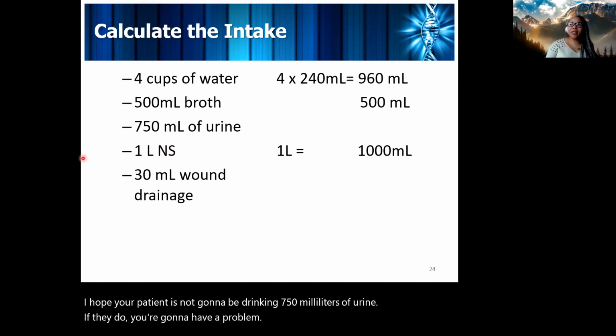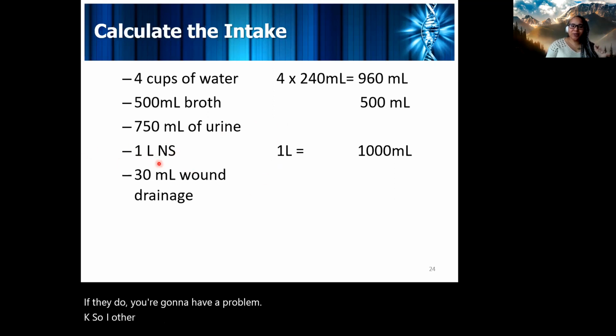Okay, so our other input is going to be, yes, my normal saline. 1 liter is equal to 1,000 milliliters. And 30 ml of wound drainage. Anytime we talk about drainage, that is output.